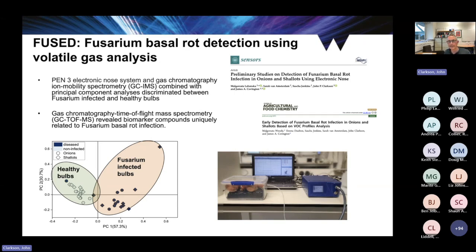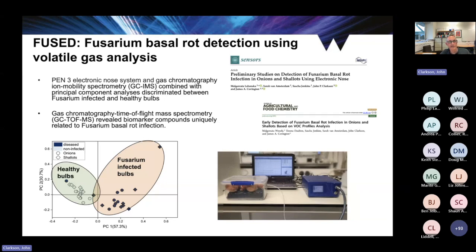We began very simply by putting healthy bulbs and infected bulbs in boxes and analysing the gases. This is James's territory. We got a couple of publications out of it, and you can see from the graph that we could distinguish Fusarium infected bulbs from healthy bulbs, and James could also identify particular gas markers related to Fusarium basal rot infection.